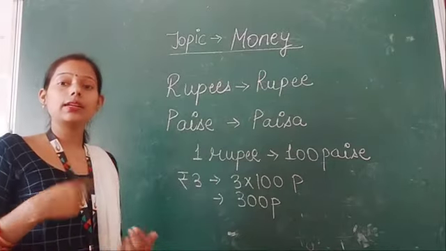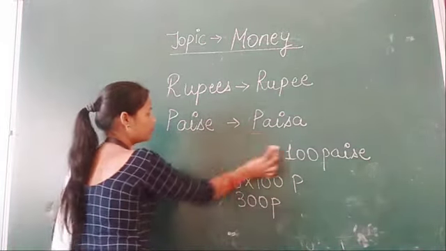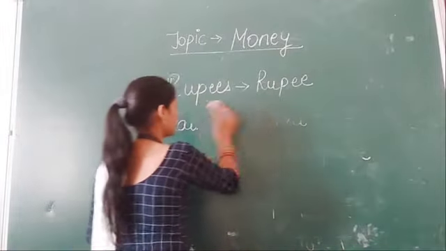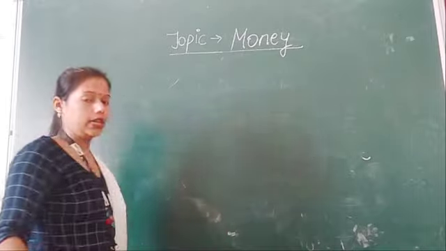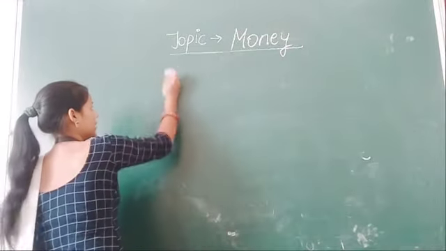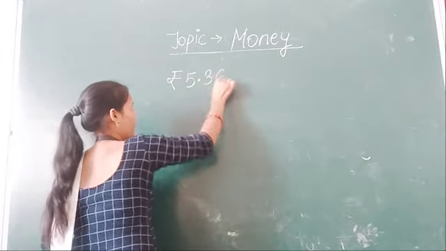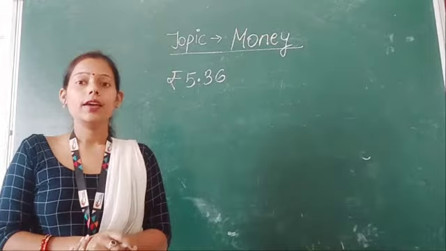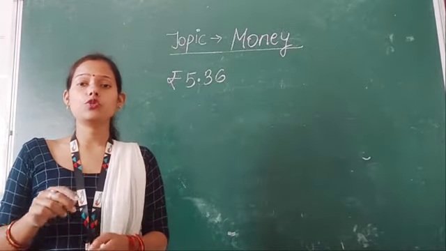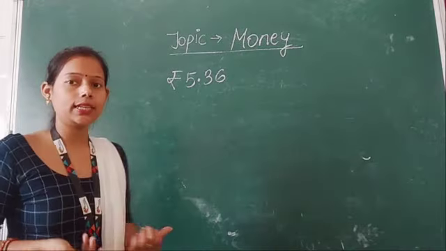Simple. Similarly, if we have any amount to convert, let's take an example. If I write 5.36 rupees, we have to convert it into paise. Class, to convert rupees into paise, what do we have to do? We will multiply by 100.